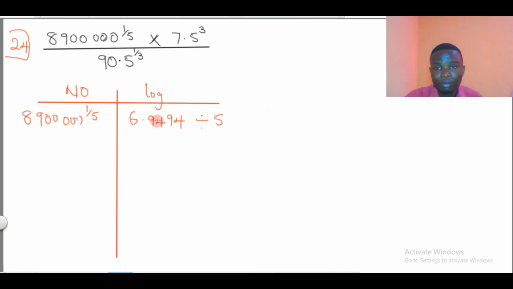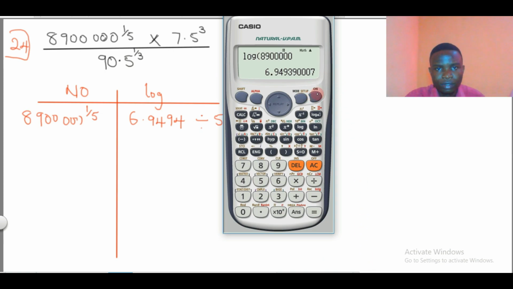If you punch your calculator, 6.9494 divided by 5 will be equal to 1.38988.